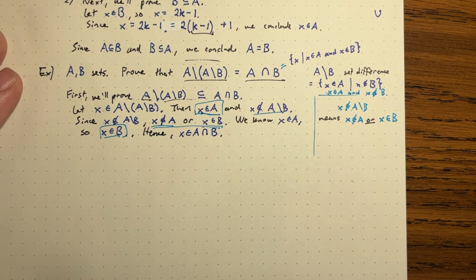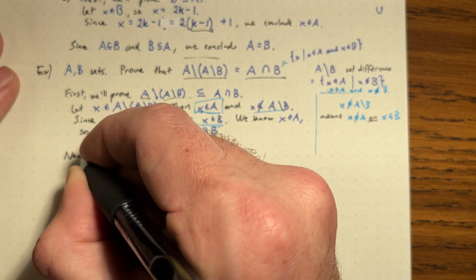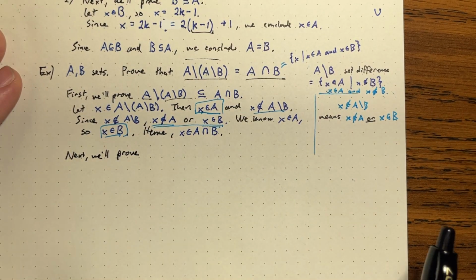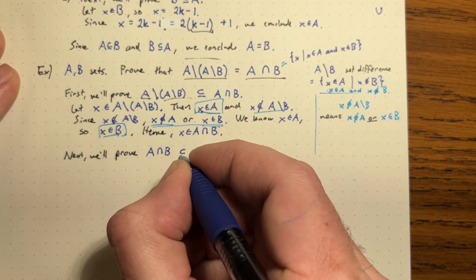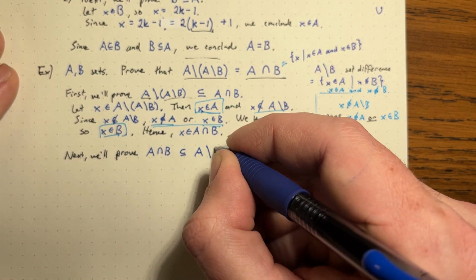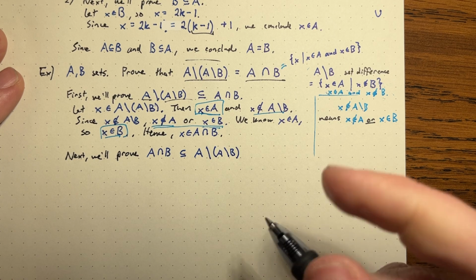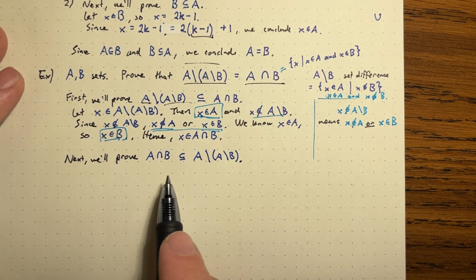Okay. We're halfway done. So next, we'll prove the opposite containment. So we'll prove that A intersect B is contained in this one. Okay. And where do we start?